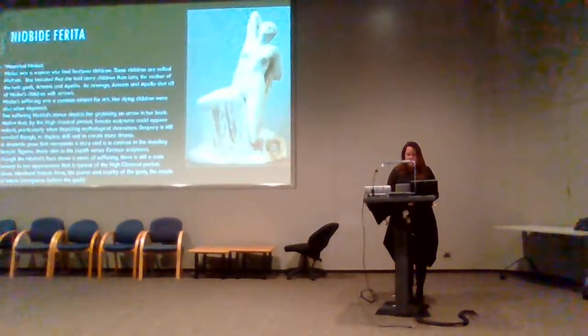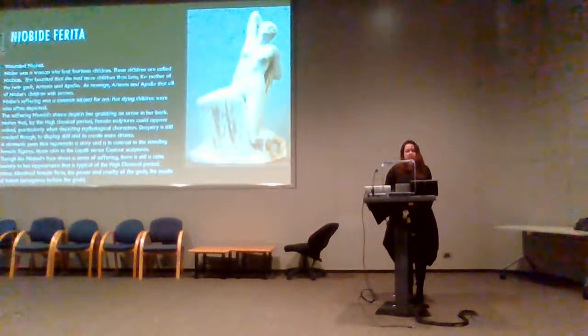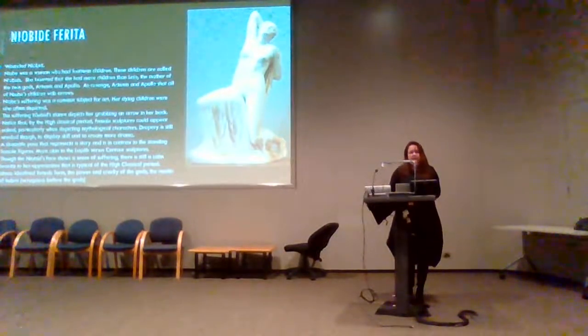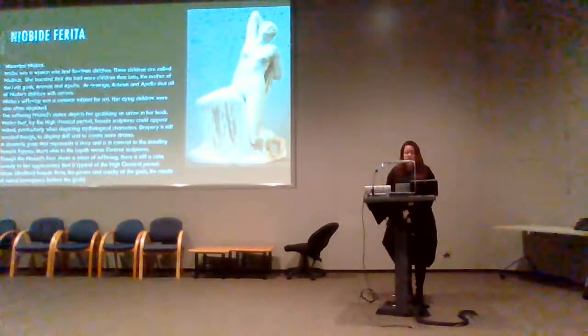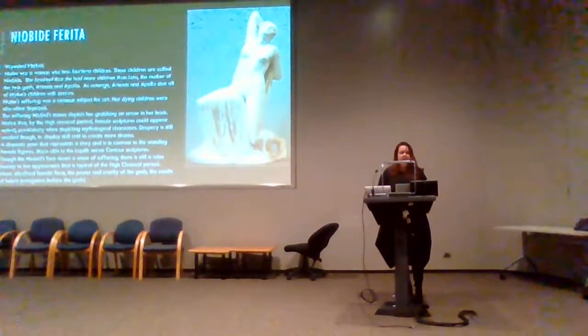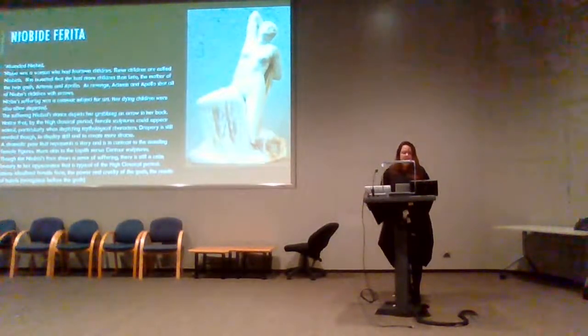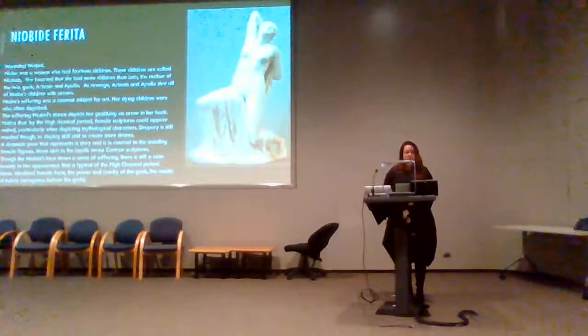Alright, the Niobe. She's allowed to be naked because increasingly women were depicted naked, particularly in the 300s BC. But in this context, she's a mythological figure with a slightly different kind of status. She's wounded. I don't have time to tell you the whole story, but make sure you know the story.